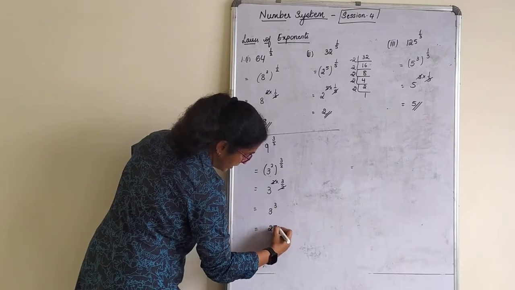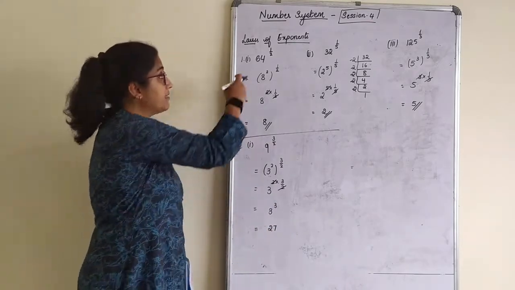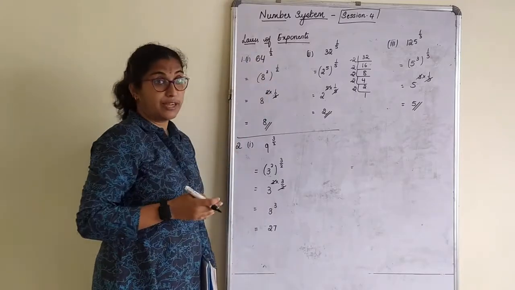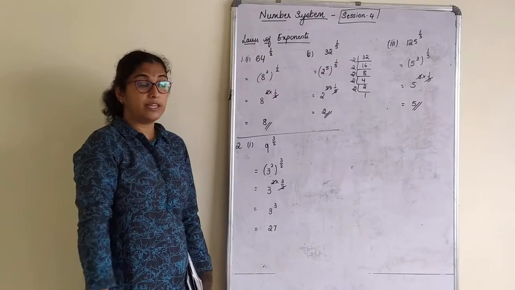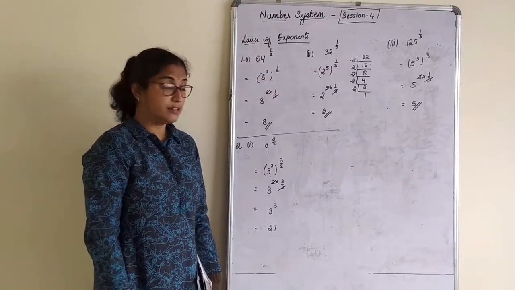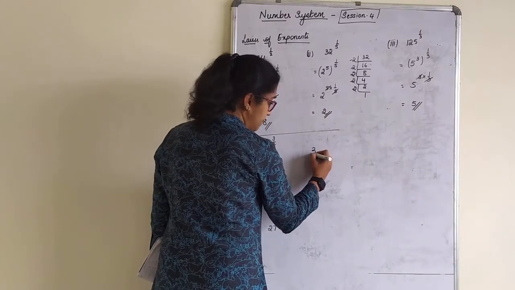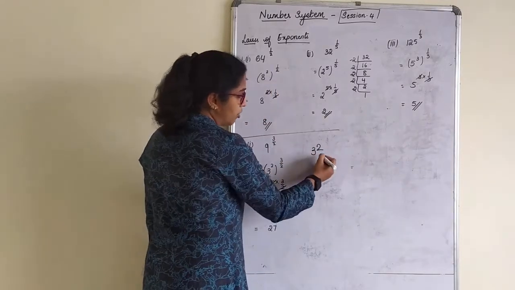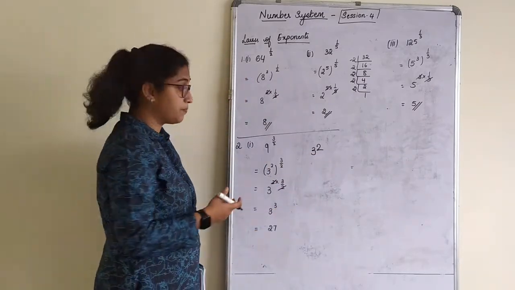Answer is 27. Now children, you can see how I have written this is base and this is exponent, right? Is there a difference in the base what I have written and exponent what I have written? Yes. What is the difference? Size is the difference, right? So please write your base clearly. For example, 3. Don't write the 2 very near to this so that we assume that your base and the number are the same.